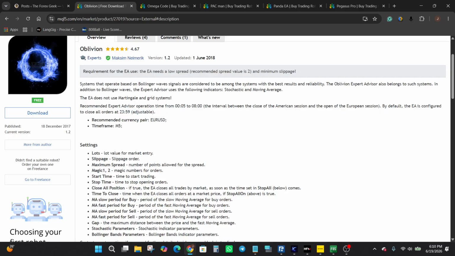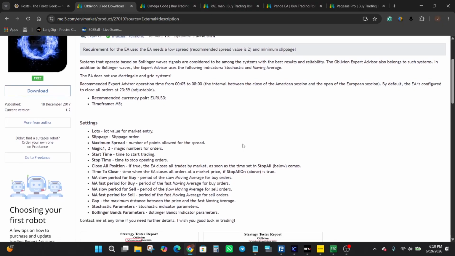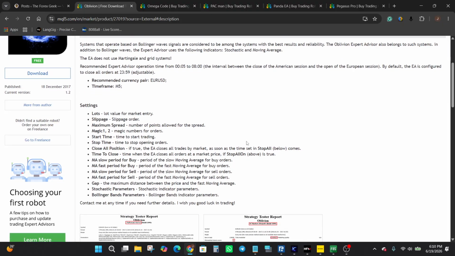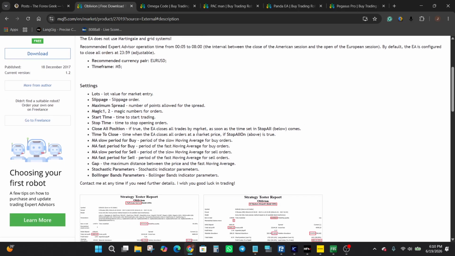Looking through the available settings, traders have control over position sizing through the lots parameter, along with slippage and maximum spread controls to help manage trading conditions. There are also separate magic numbers for order identification, plus customizable start and stop trading times. The EA provides additional controls for automatic position closure, allowing users to define when all trades should be closed if that functionality is enabled.